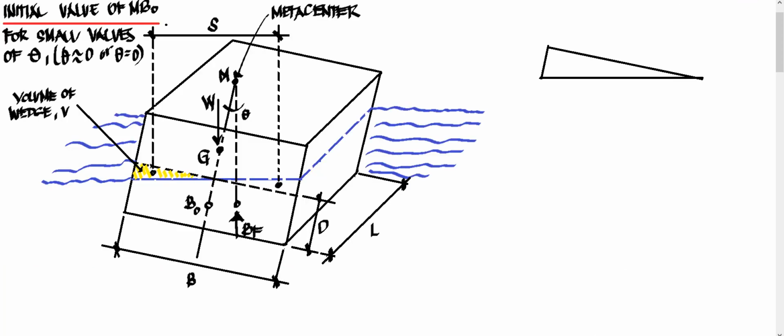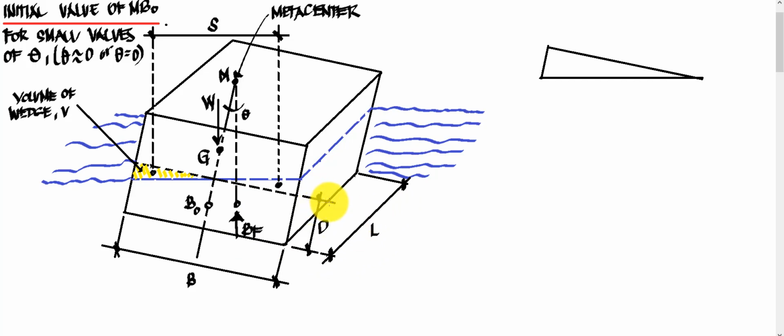Now the initial value of your MBO. Consider this figure: we have a rectangular body that is immersed in a fluid. Then we have the corresponding length of the object, a parallelepiped, and you have your length here.